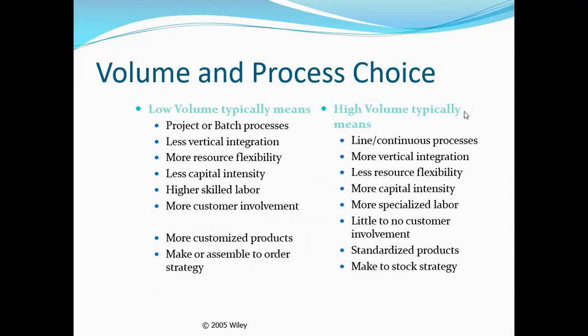But high volume usually means line or continuous process, more vertical integration, less resource flexibility, more capital intensity, which means we invest more money in automation and machines, and more specialized labor to control the machines.